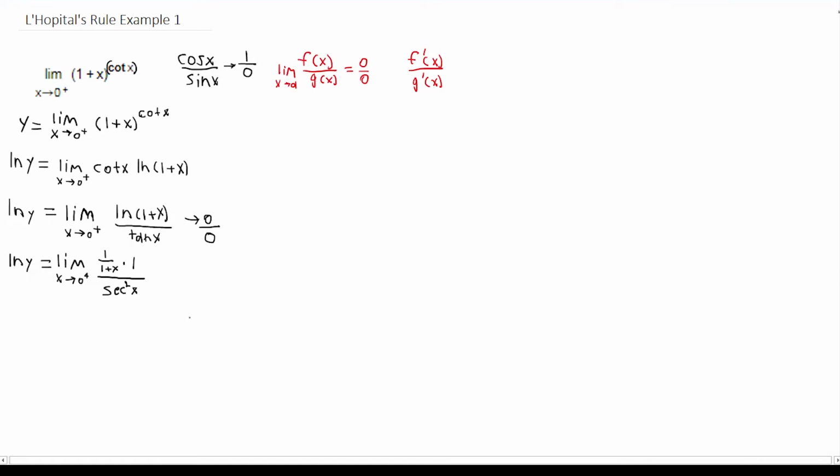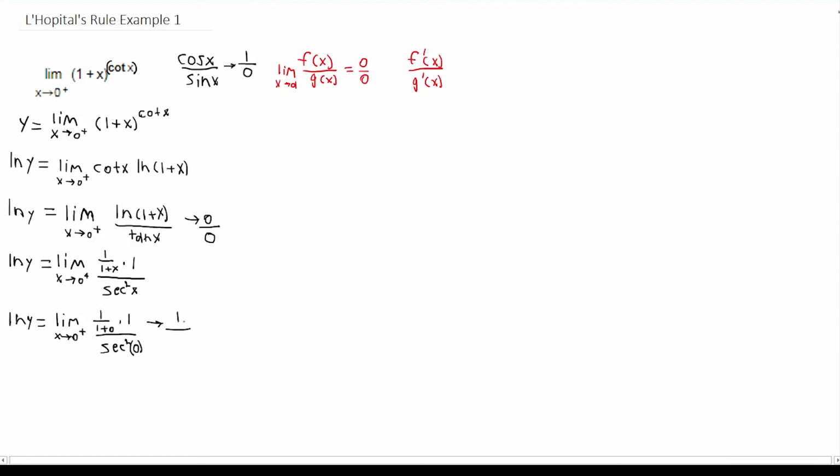So the ln of y equals the limit as x approaches 0 from the right of 1 over 1 plus 0 times 1, over secant squared of 0. The numerator gives us 1, because 1 over 1 times 1 is 1.